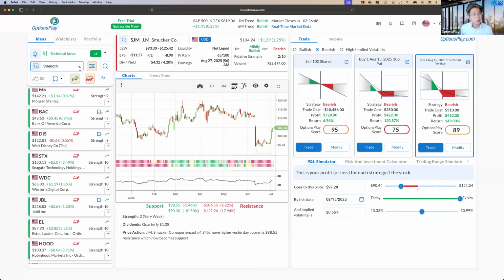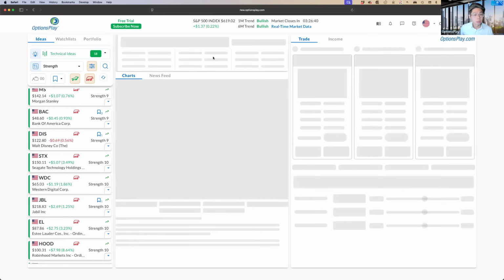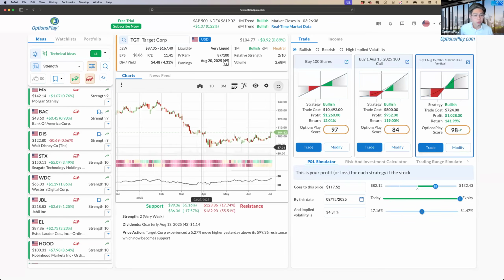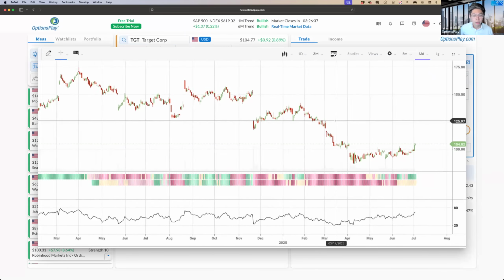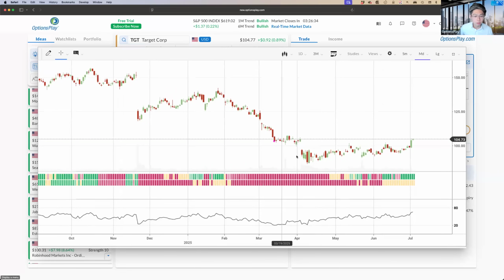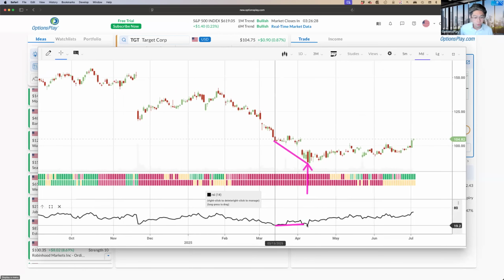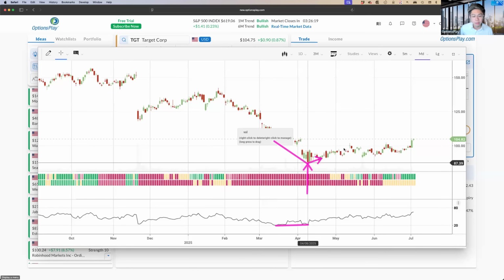So anyway, like I said, what we're looking for is, here, I'll show you an example of one where there was divergence. And this is actually our trade idea for today, right? Target recently triggered this particular signal back here in early April. Basically, as it made a new lower low in price, as you can see, momentum did not make a new lower low. And when it triggered that signal, it triggered it at the very beginning of that reversal.